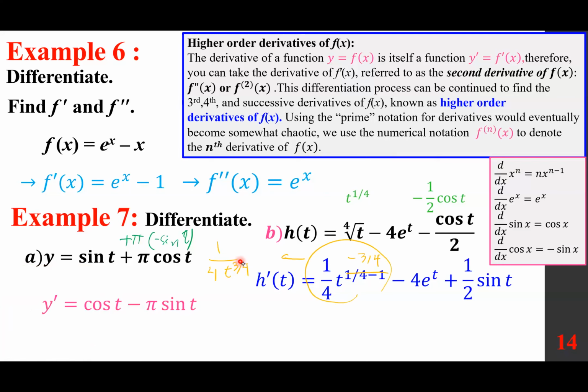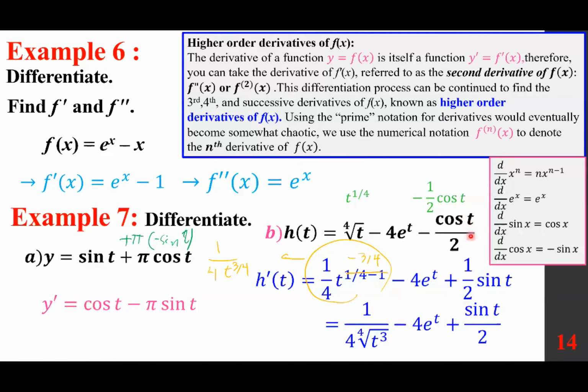I hope you see tons of algebraic steps. And so change that to the format that it was given. This means the 4th root of t cubed. So this becomes 1/4 the 4th root of t cubed. This is itself minus 4e to the power of t. And this one, if you want to write it in the same format, plus sine t over 2, or just write it in this way, it doesn't matter. It's your choice.